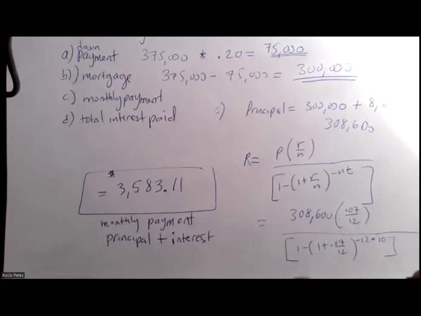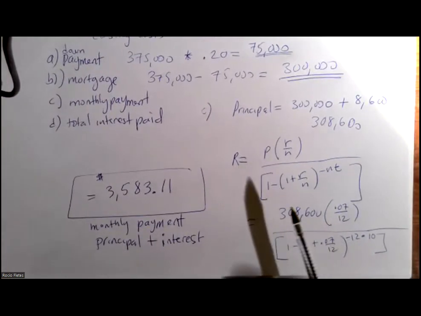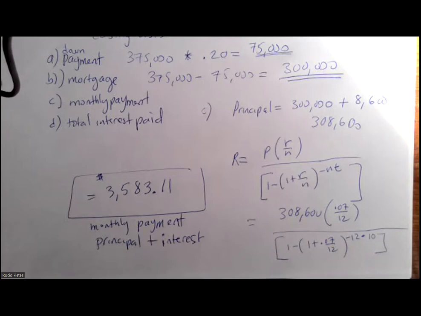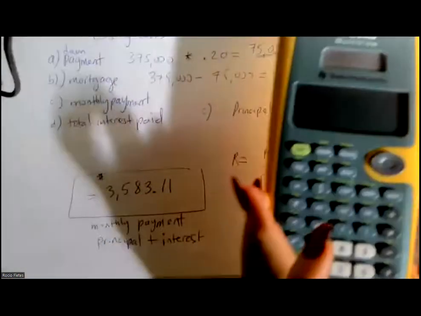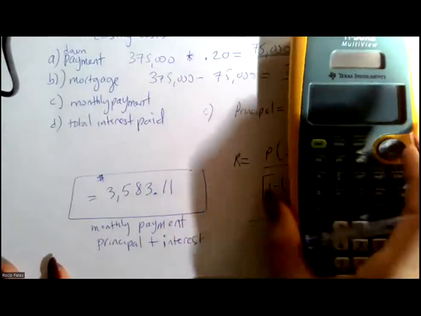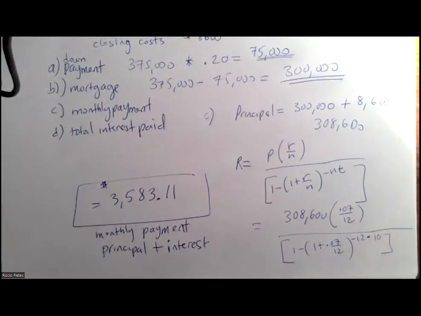There's the formula I'm using. The way you enter everything is the same way I did it with the student loan. I'm not going to project it right now because it's hard with this sun issue.